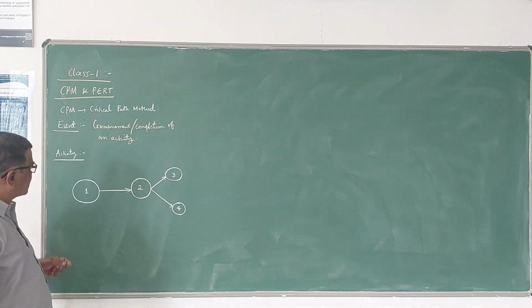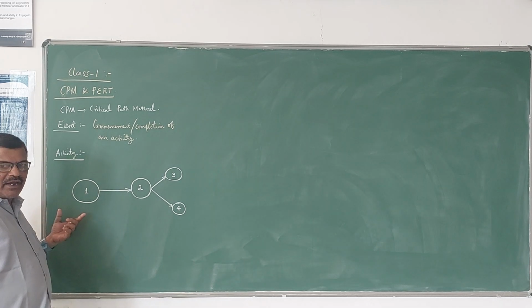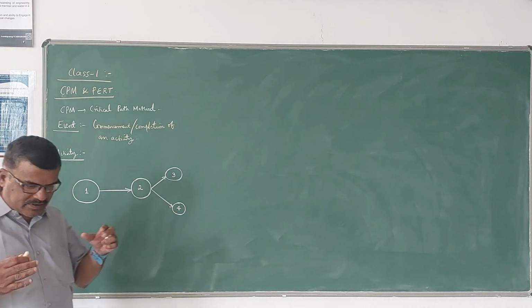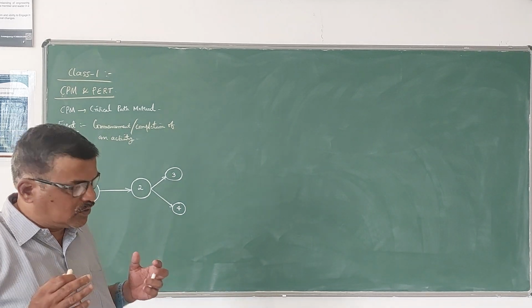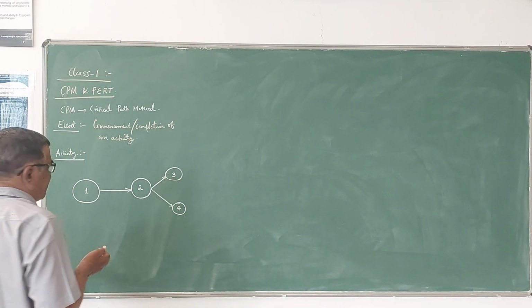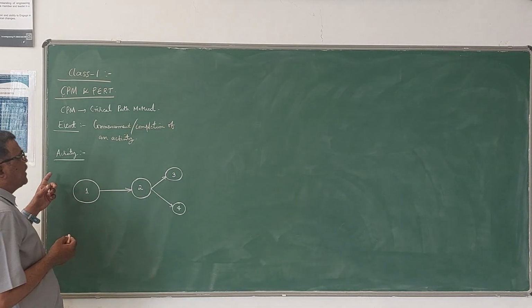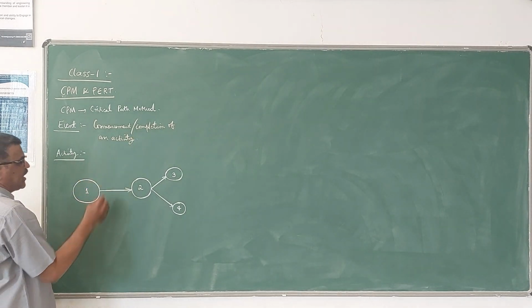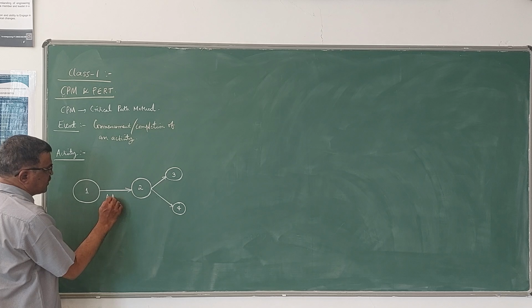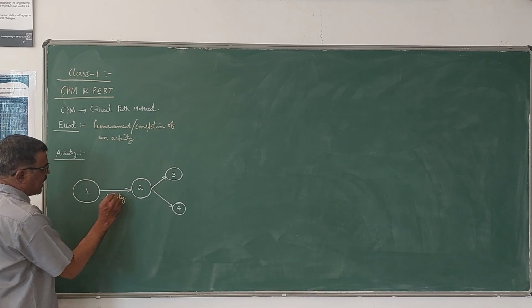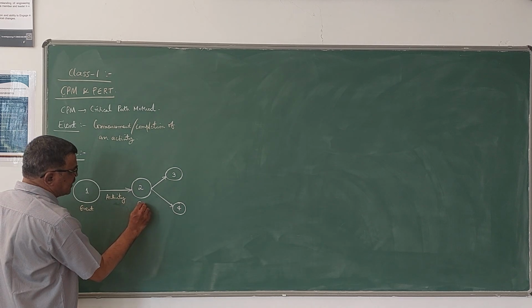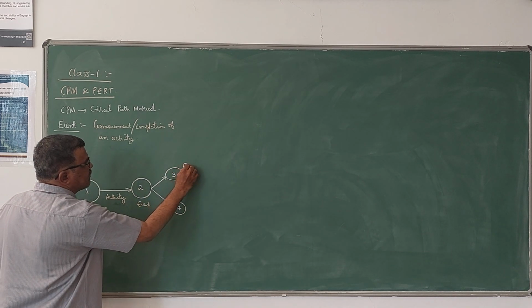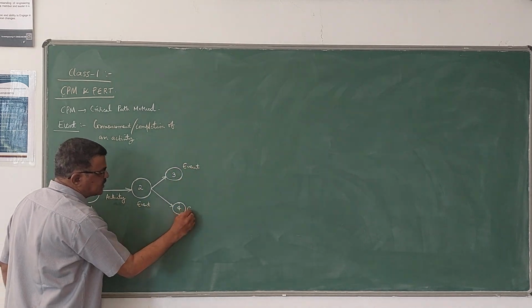Foundation excavation will be an event, and bringing all the machinery and carrying out that work is an activity. So, for commencement or completion of an activity, 1, 2 is an activity, whereas 1 is an event, 2 is another event, 3 is another event, 4 is another event.